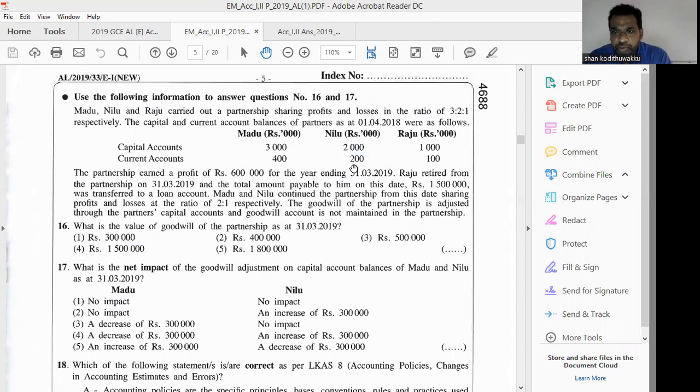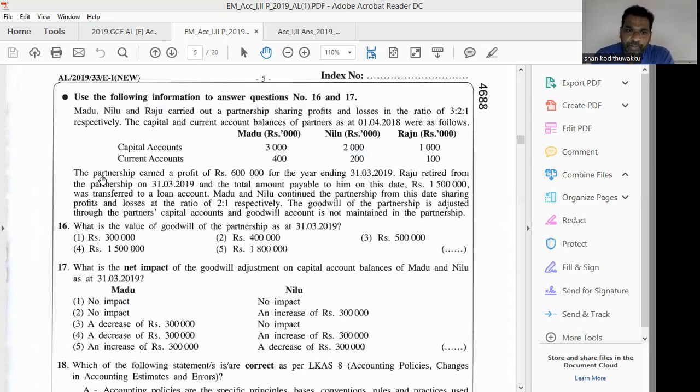Those are the ways of distributing profit calculated in the partnership. Then, as we are given opening balances for capital accounts and current accounts, they have also given you the closing balance payable to the retired partner.